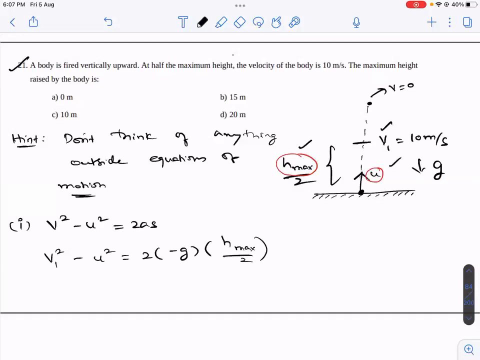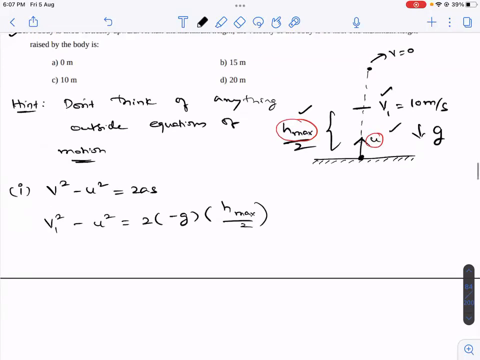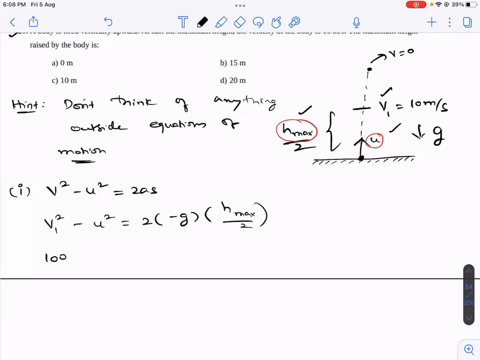Am I right? Yes, sir. Okay. So V1 square is 100, minus u square is equal to minus 2g into h max divided by 2. 2 and 2 will get cancelled. So you will be having minus g into h max. Let this be equation number 1.